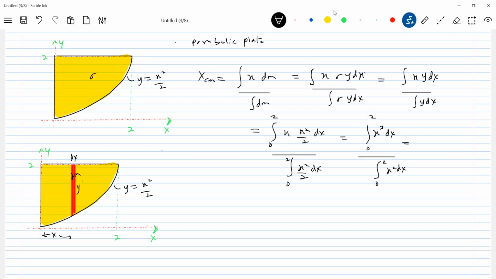So x to the power of 4 by 4 over x cube by 3, 0 to 2. So 3 by 4 will come, x to the power of 4 and x cube cancel, so x is 2. So 3 by 2 meter, 1.5 meter. This is xcm.